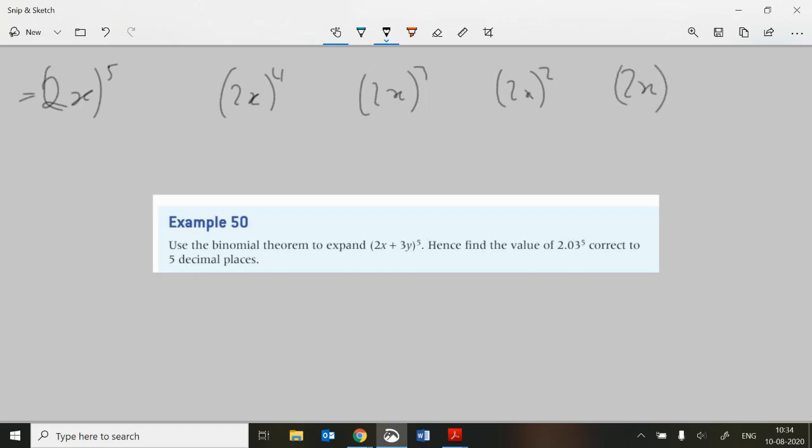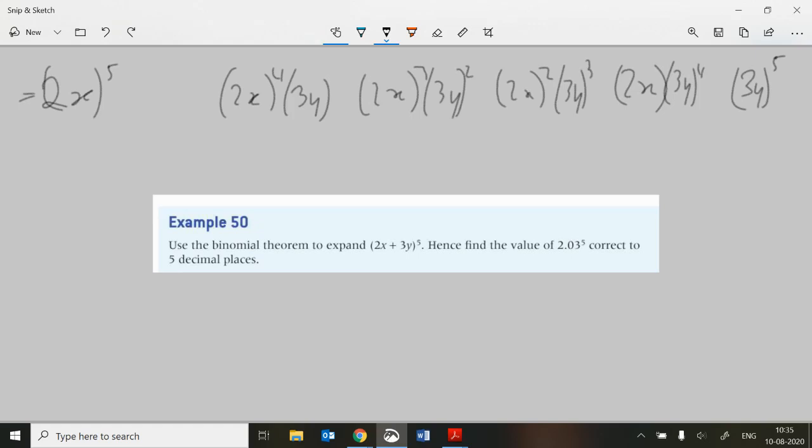And then there's 2x to the 1, and then there's 2x to the 0 after that. So we've got 3y to the 5, 3y to the 4, 3y cubed, 3y squared, and we've got 3y there, and there's no 3y there, so I give way too much space at the front.